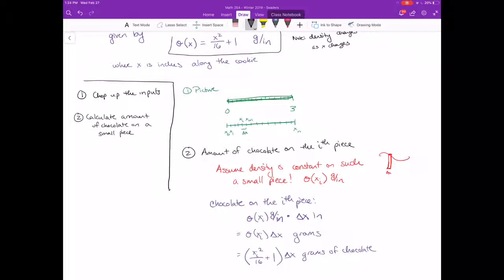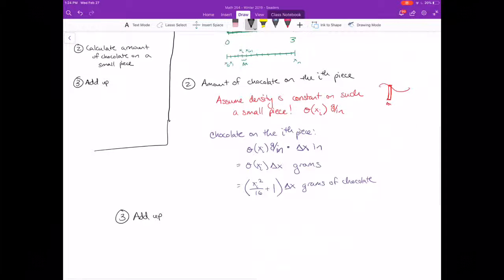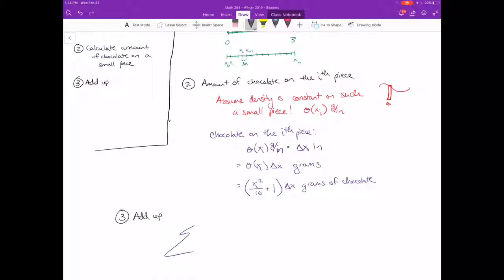What I'm going to do next is add up all the grams of chocolate on all the pieces. So that gives me the sum of the amount of chocolate on all the small pieces.